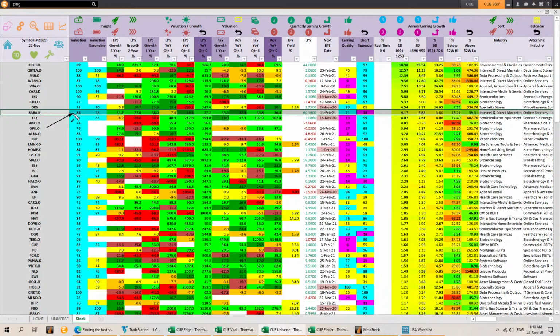It has excellent valuation. Secondary valuation is also excellent. Earnings growth for the last 3 quarters and last 3 years all are positive. If you look at the last 3 quarters, it is going up from 7.4 to 18.3 to 37.2%.